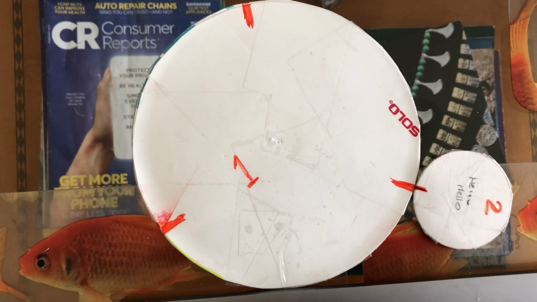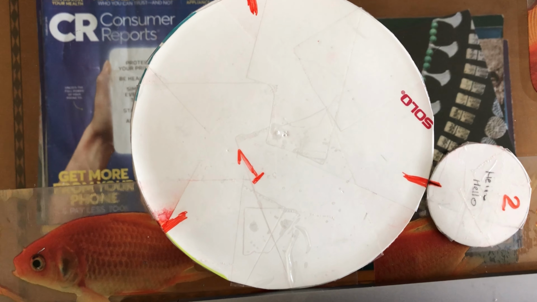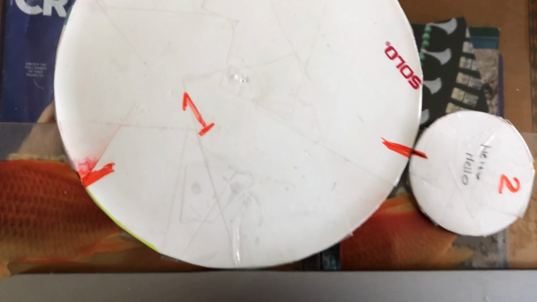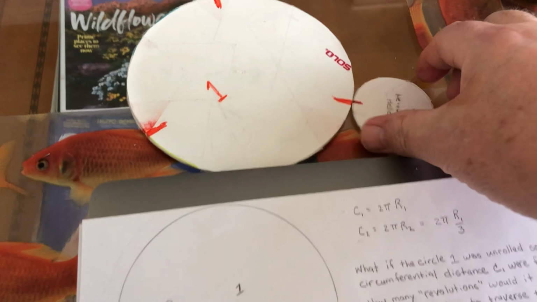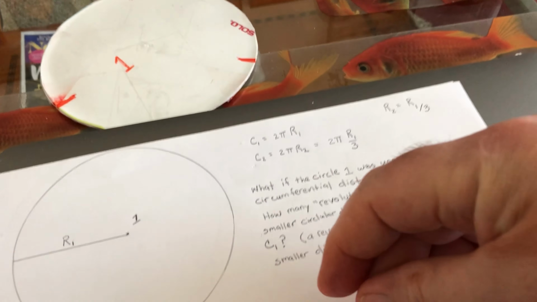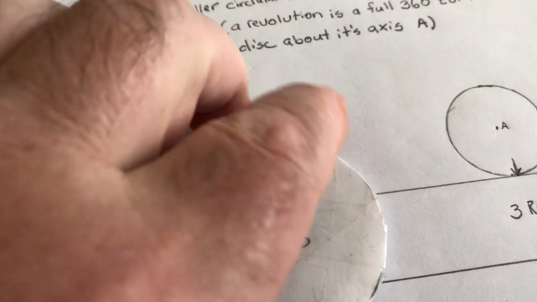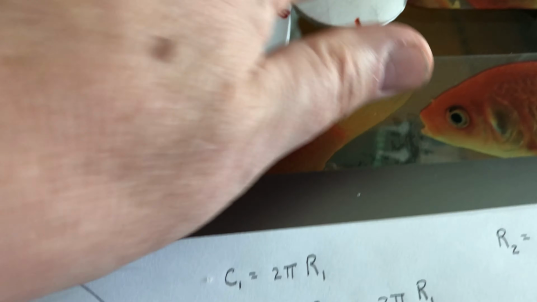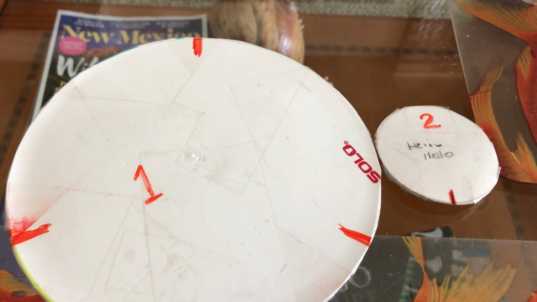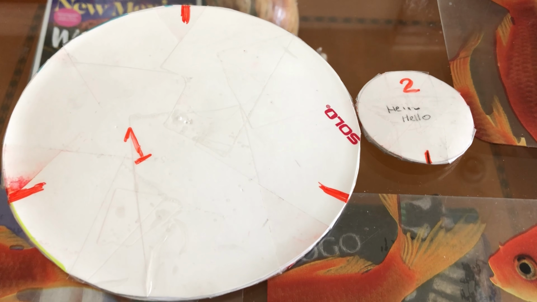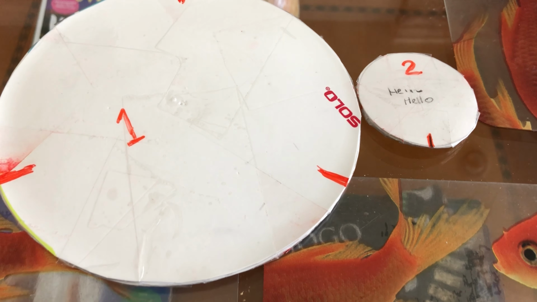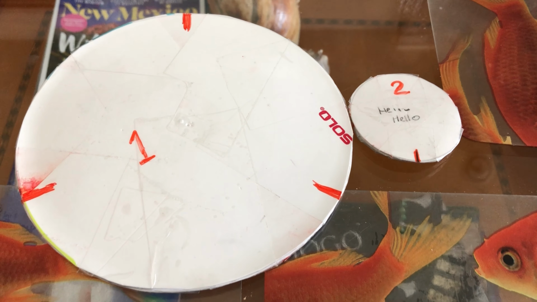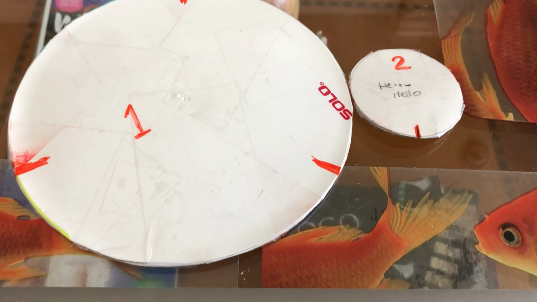And in fact, it touches the circle only in 3 places. That's when the smaller disc makes a complete revolution about its axis. When it's at the 3 o'clock position on the disc, it hasn't made a full 360 degree turn. It has only revolved 270 degrees.